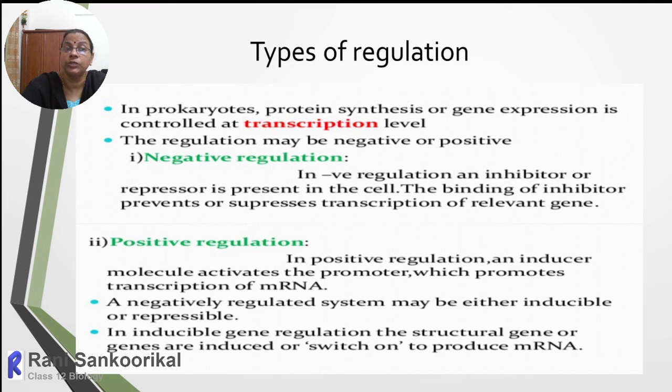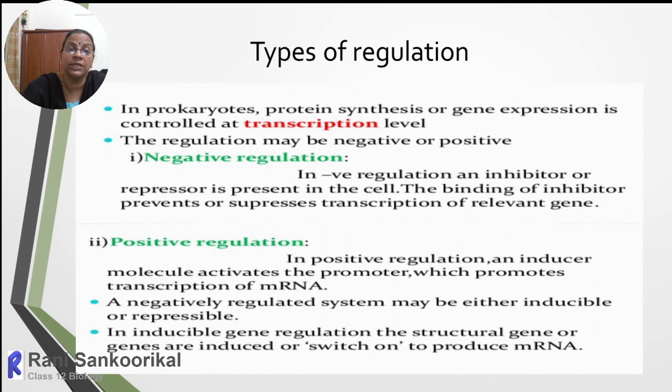And in eukaryotes, this regulation will be even more complicated, because in eukaryotes it is monocistronic. Each and every polypeptide is in turn coded by a single mRNA, and that single mRNA is regulated by another transcription unit.